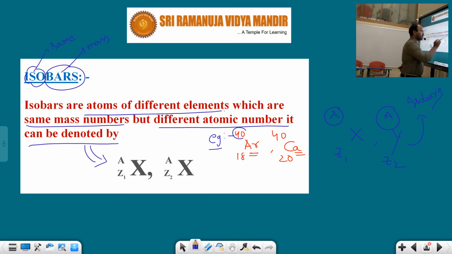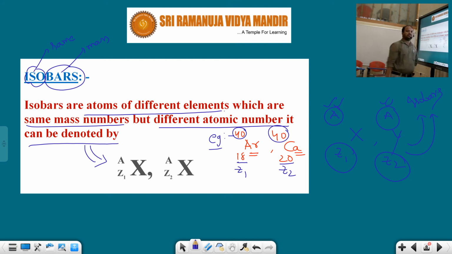Here the mass number is 40, and here also the mass number is 40. Same mass number but different atomic numbers: this is 18, this is 20. So different atomic numbers but the same mass number, then these elements are called isobars.